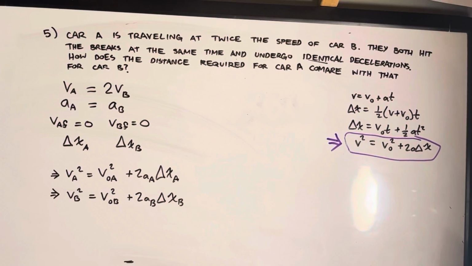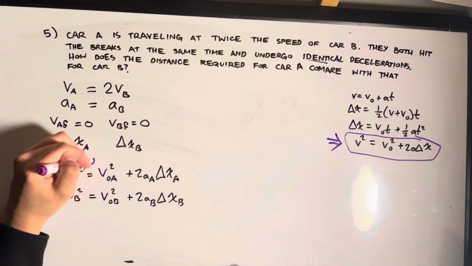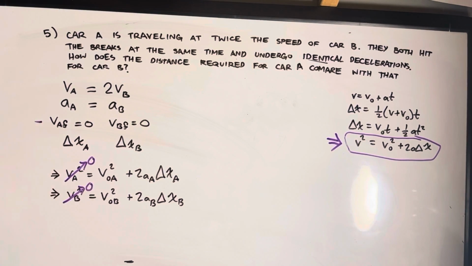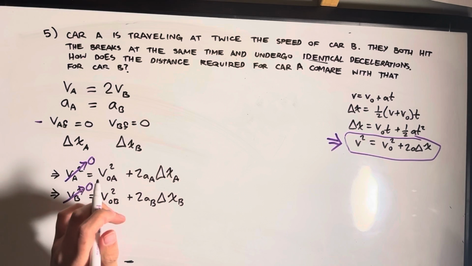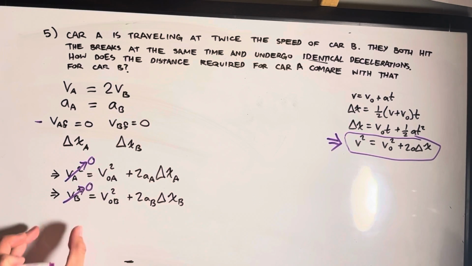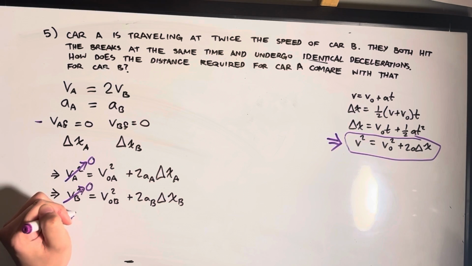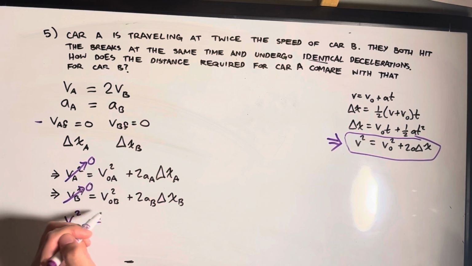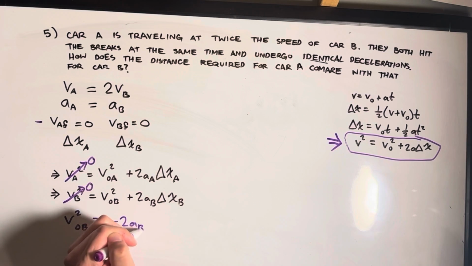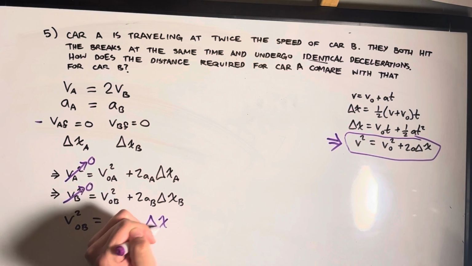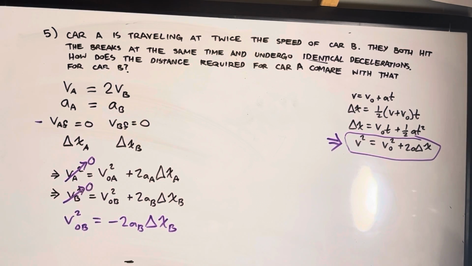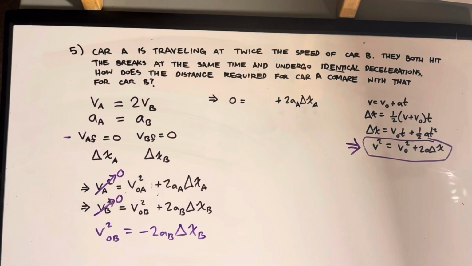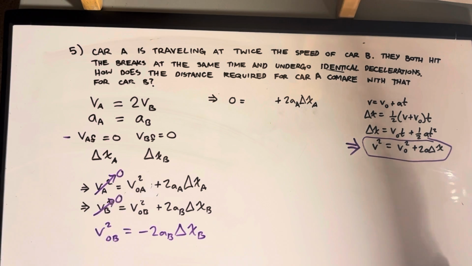So now that we have our equations written down, we know that our final velocities are both equal to 0, as shown up here, meaning that we can move this portion for B to the other side, giving us our initial velocity squared of car B is equal to negative 2 a B times the change in x B. So since we have our initial velocity for car B, that means we can plug it in for our initial velocity of car A. So let's do that.